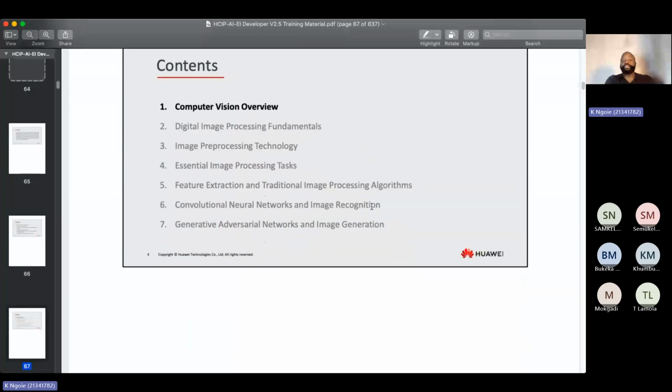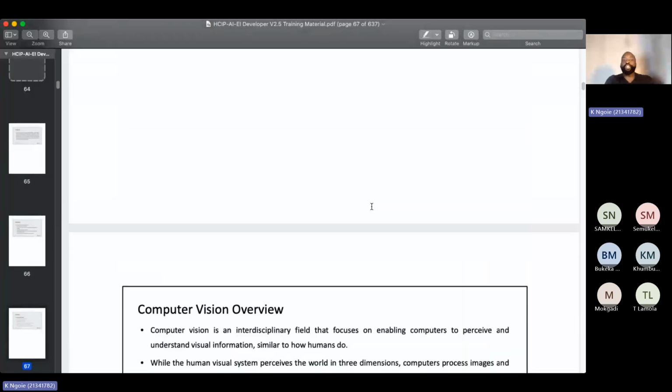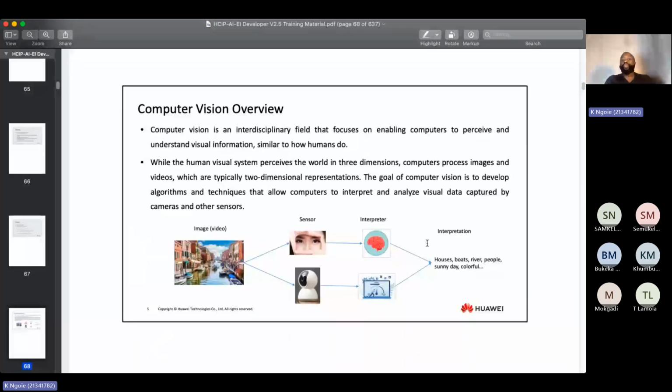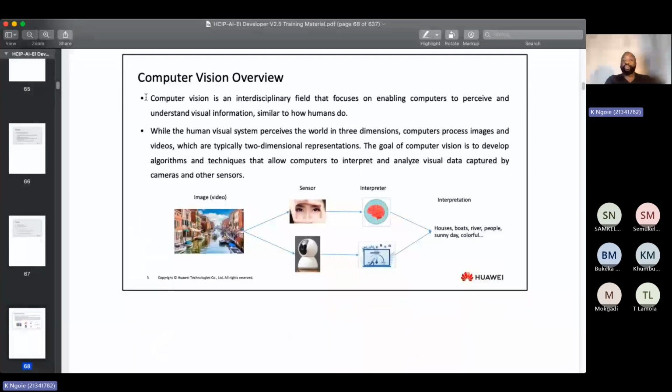So when we're dealing with image recognition, you must know the neural network that we need to use is the convolutional neural network, because computer vision is one of the most used technologies in terms of your AI.